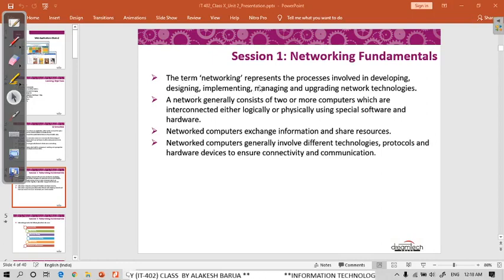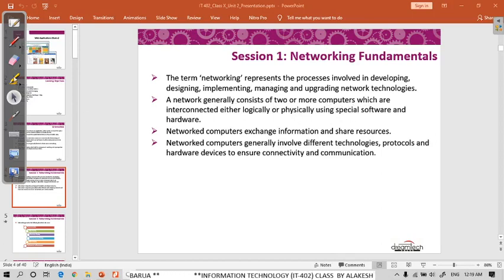The term networking represents the process involved in developing, designing, implementing, managing and upgrading network technologies. Then what is a network? A network generally consists of two or more computers. Here it is said as computers, because this is IT 402, you are learning computers. So these are computers which are interconnected either logically or physically using special software and hardware.